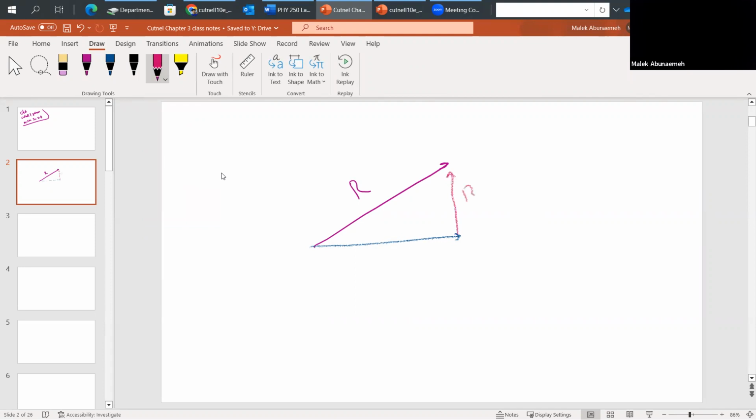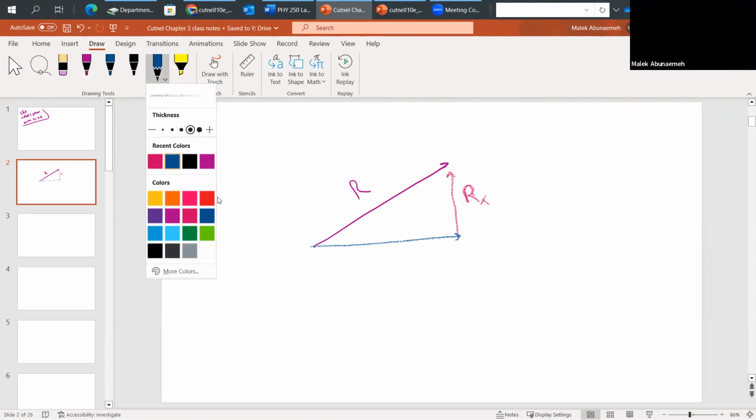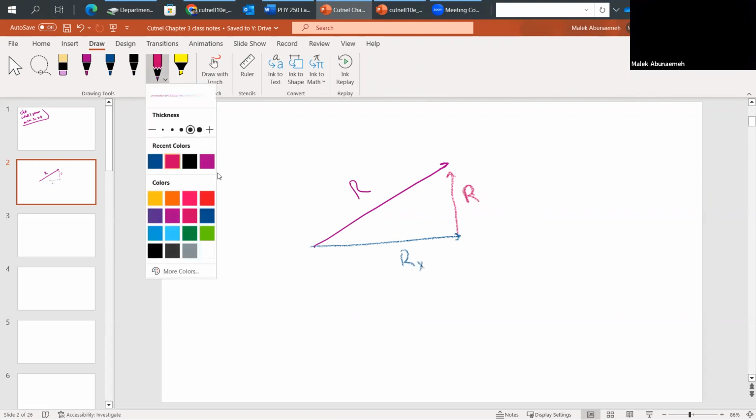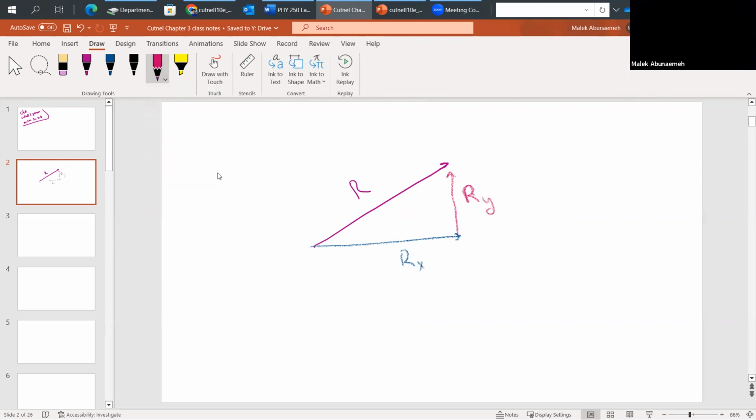Actually, let me get different colors on that. So there's going to be your R in the X, and your R vector on the Y. Actually, there's going to be your X, and there's going to be your Y. And this will be your angle theta. And this is going to be your hypotenuse.